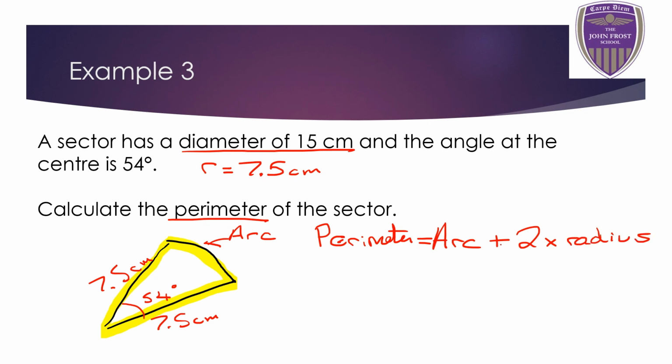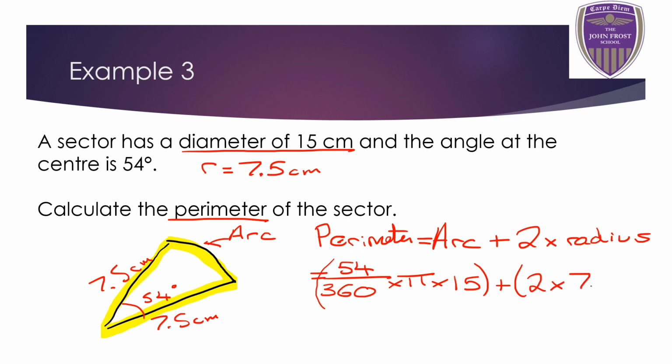That's the formula we're basically going to be working with, okay? So the arc length, to not go over the formula again, it is 54 over 360 times pi times, now we do need to use diameter for the arc length, so I am going to use 15 for this. So that's my arc length. We are then going to add 2 times 7.5.